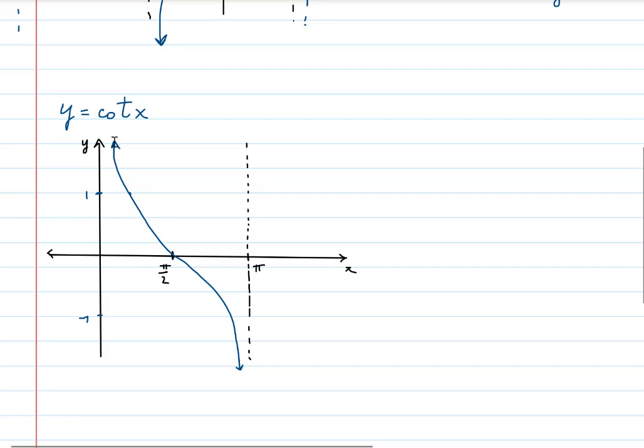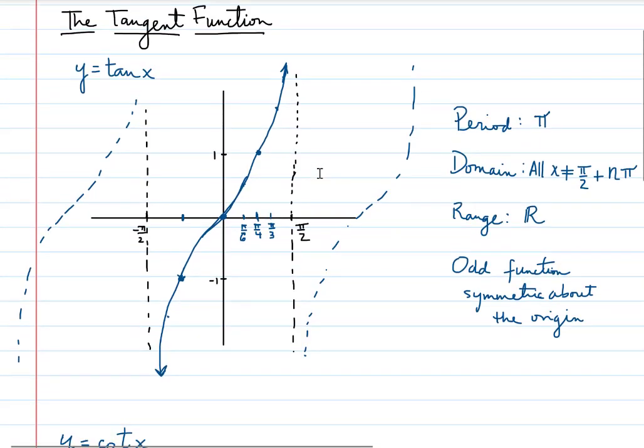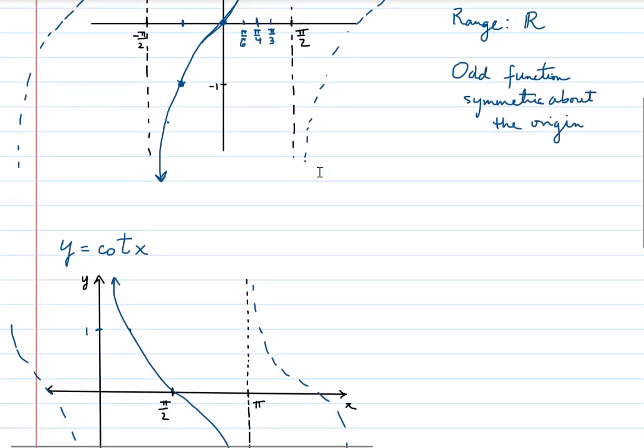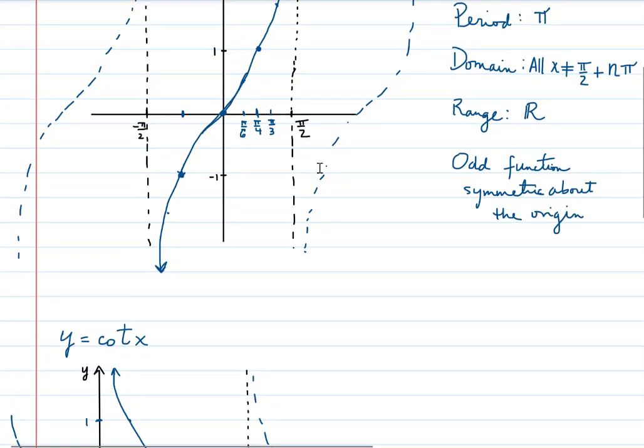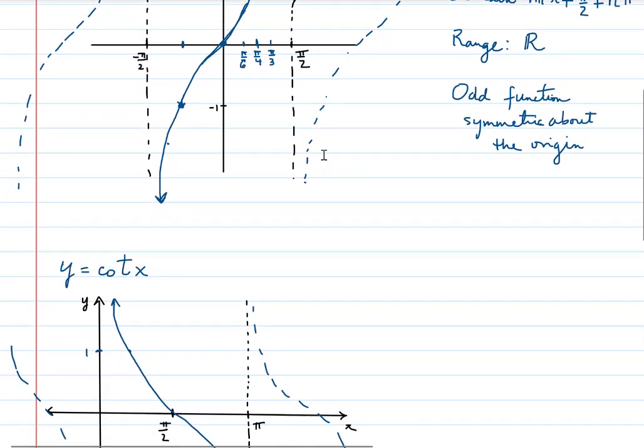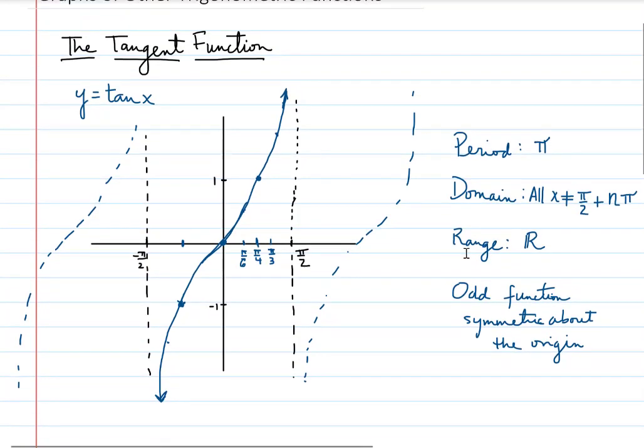But once you plot a few points, you're going to get this graph over and over again, and of course it keeps going to the right and to the left. The orientation is different too. It looks almost like a reflection of the tangent x, and it's also being shifted by half. But other than that, it's going to have similar characteristics.